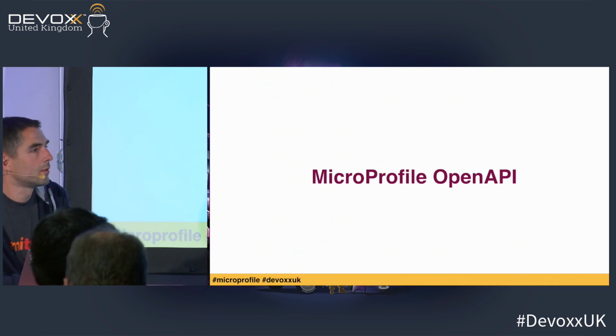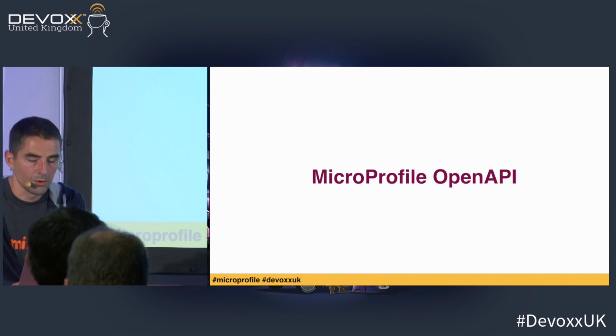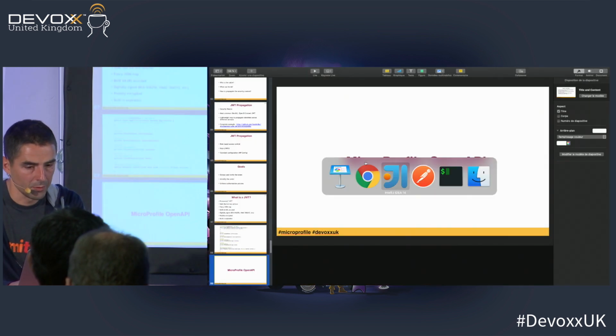Sure. Can the token also be propagated to the outgoing request, or can it be propagated easily? So the question is whether the token is propagated to subsequent calls if you call other microservices. The specification does not do that by itself, but it's a very good question.